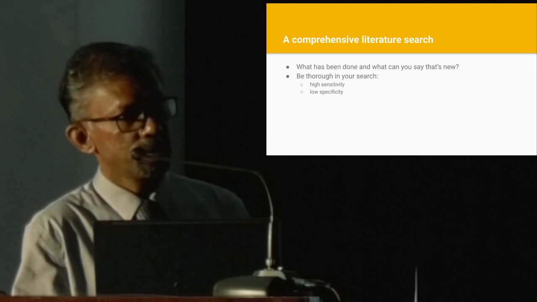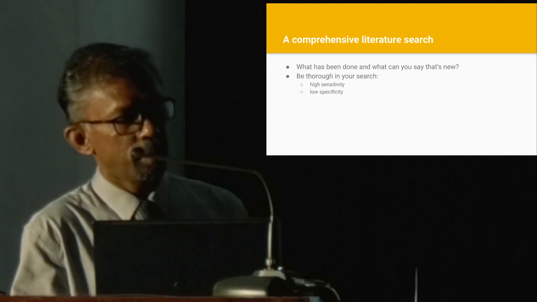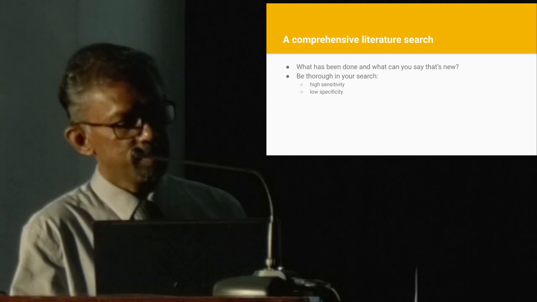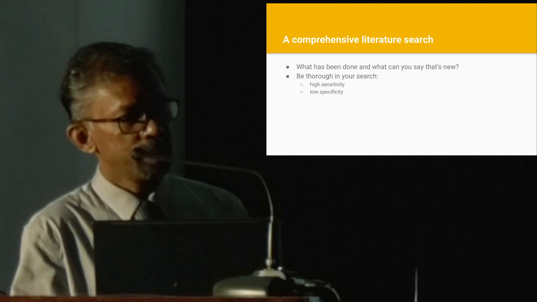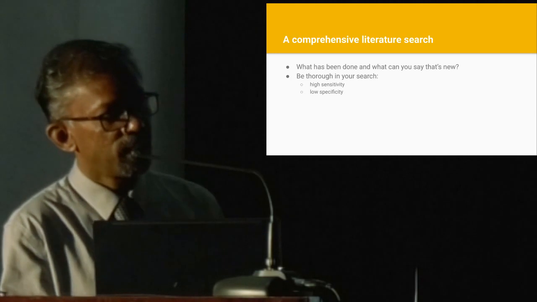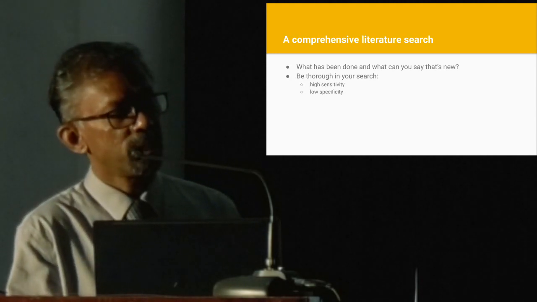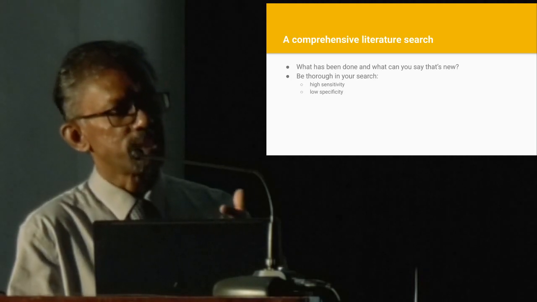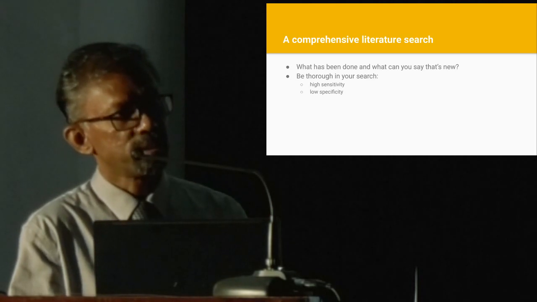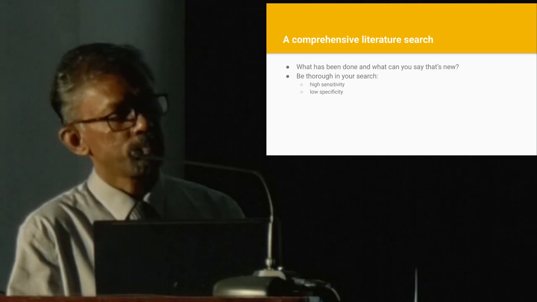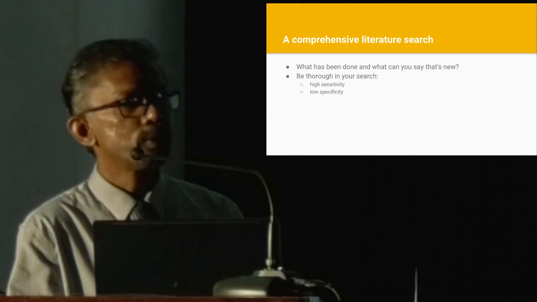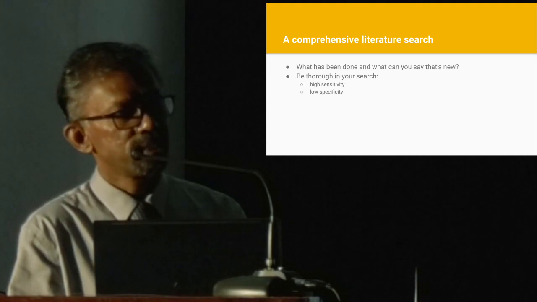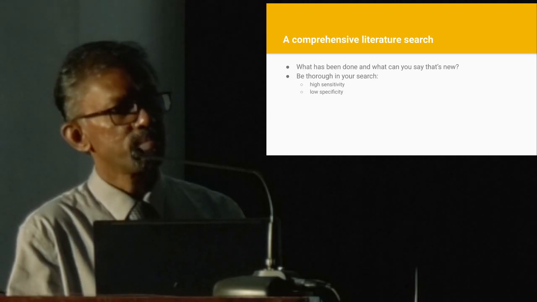When we do a search for the literature, it should have high sensitivity, but at the same time low specificity, so we can narrow down to the key elements that we are trying to study. When you do that, you may have to use keywords that are increasingly narrowly focused.